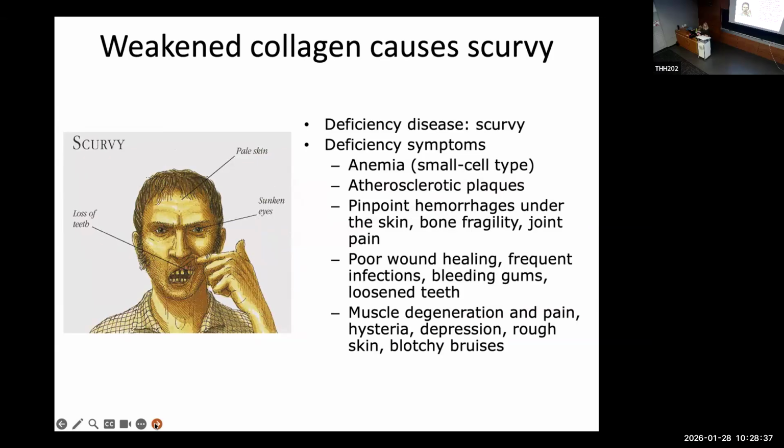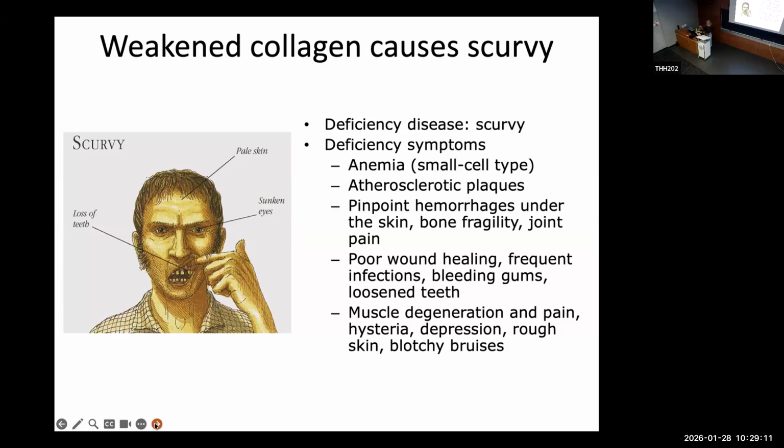Hemorrhaging beneath the skin, loss of teeth, joint weakness, bleeding. You start to have mental problems, hallucinations. It's very painful, and at a certain point, the damage is done. So even if you have vitamin C, there's a certain amount of repair that can't be regained. So very serious.